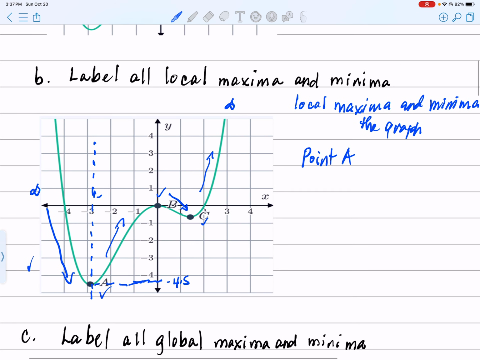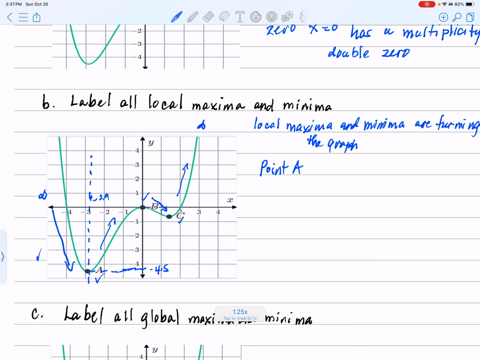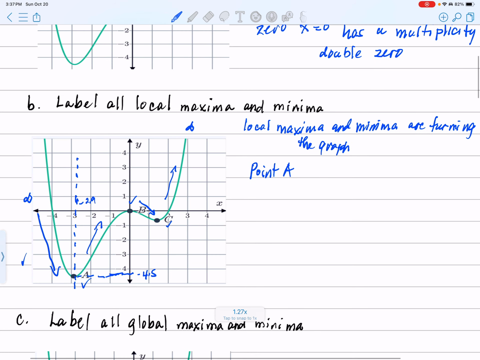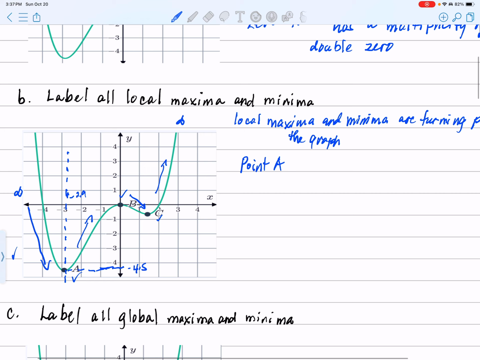Wait, let's blow this up. Okay, to make it clear. All right, like that. So the point A is a local minimum. So I'll mark this as local minimum.